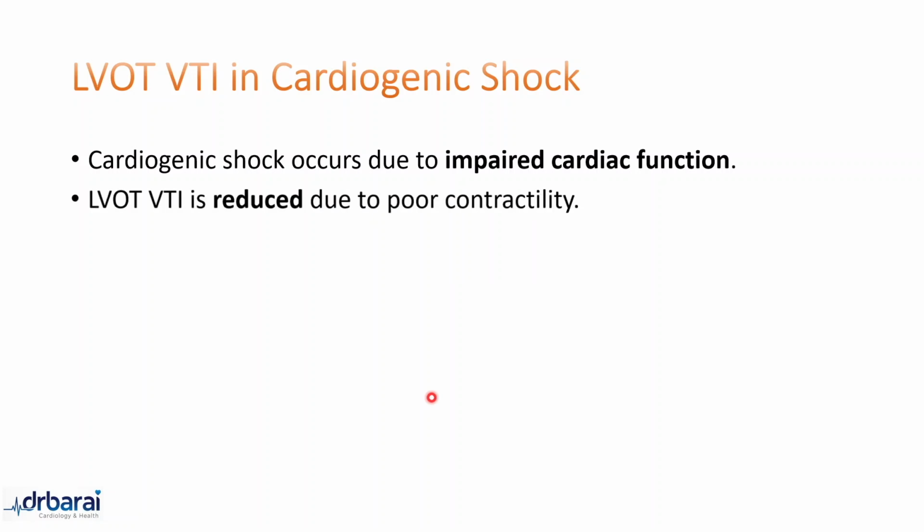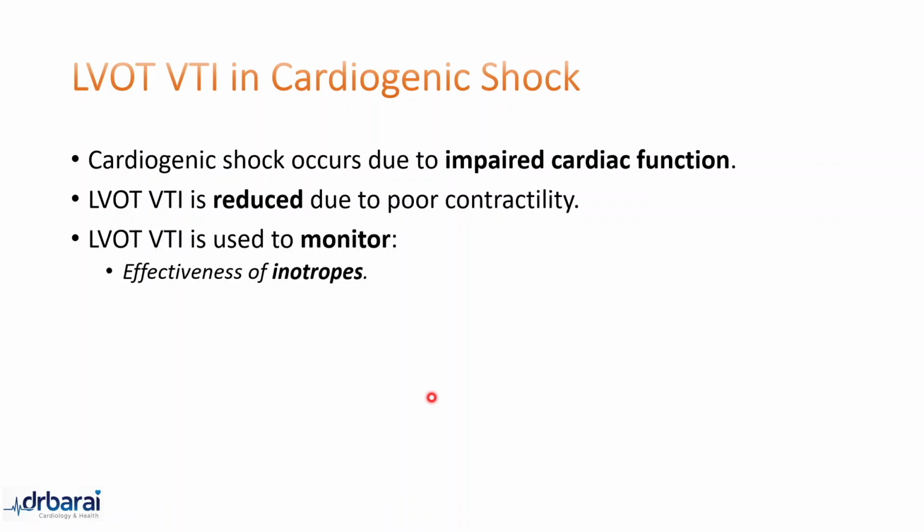This is the condition when there is poor contractility of the cardiac muscle, so the LVOT VTI is reduced. Remember, LVOT VTI is a distance the blood is traveling. If the heart does not have enough power, the blood will not move that far, which means the VTI will be reduced.